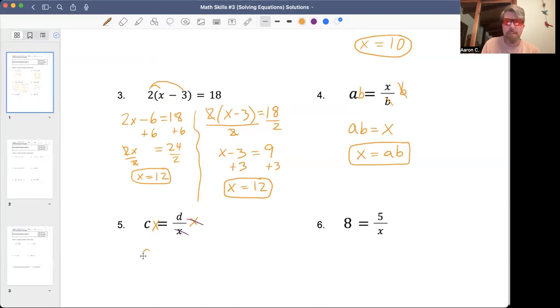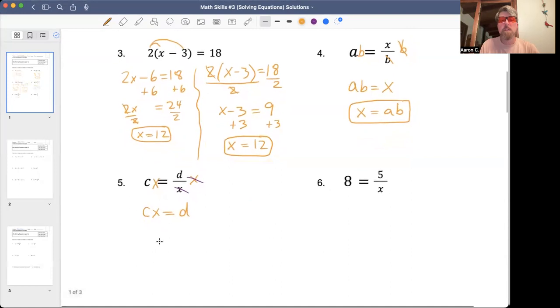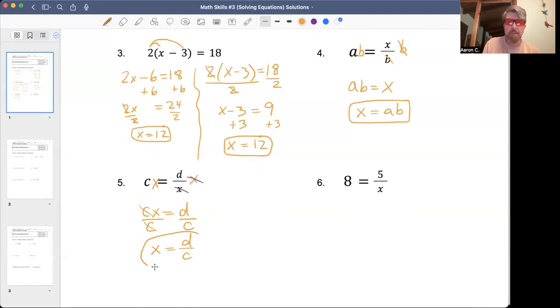And then we have cx equals d. Now, we want to keep that x by itself. We can just divide by c on both sides, and we can cancel out the c because it's c over c. Now we have x equals d over c. And that's our answer to that one.